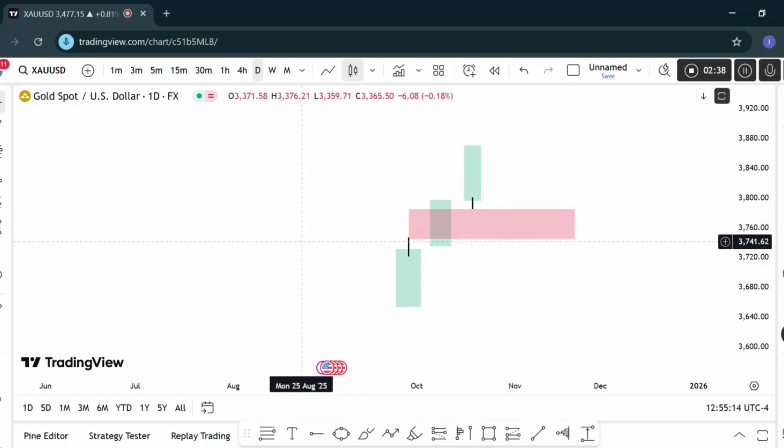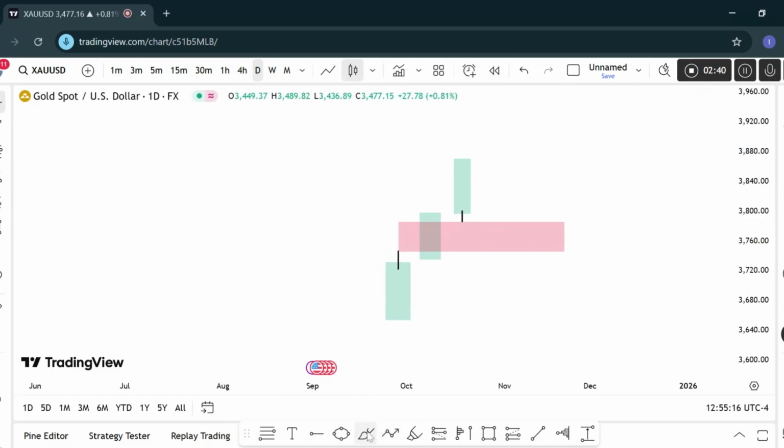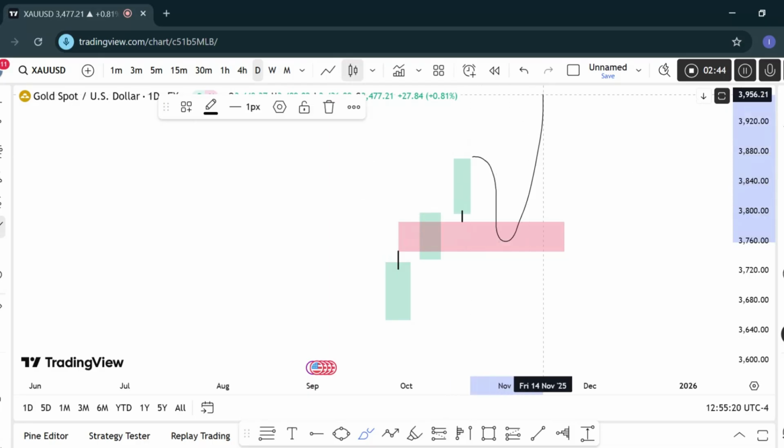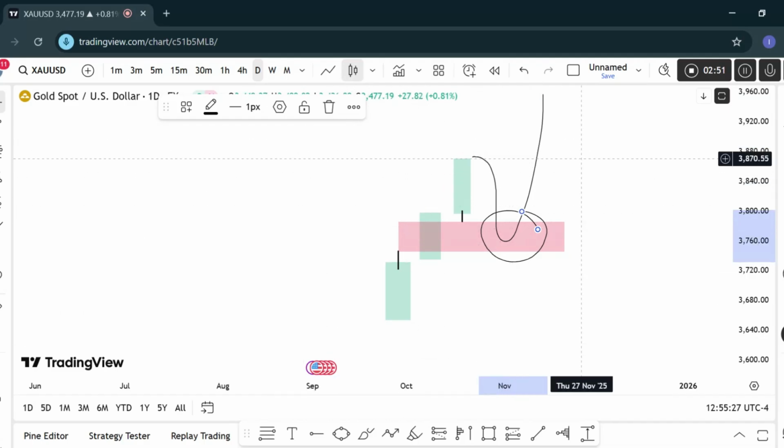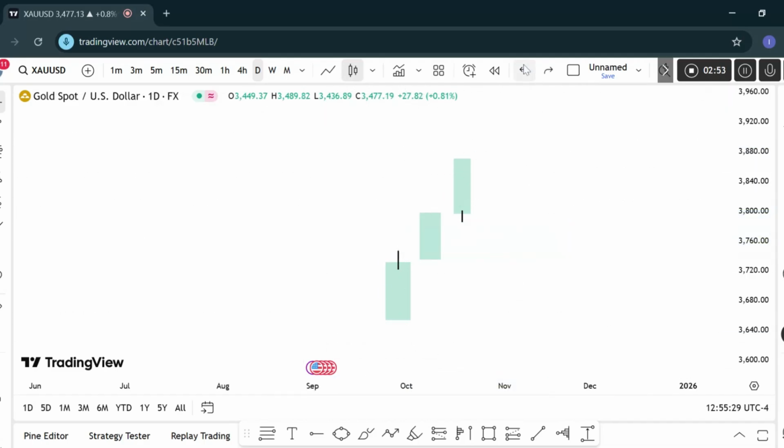So the market, maybe one day, maybe the next day, maybe after 2 days, comes to balance that and then runs higher, and this is what most people are looking for. And on the bearish side, you just need to do the opposite.